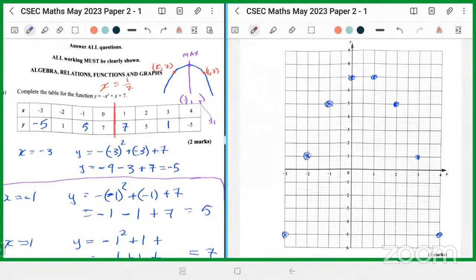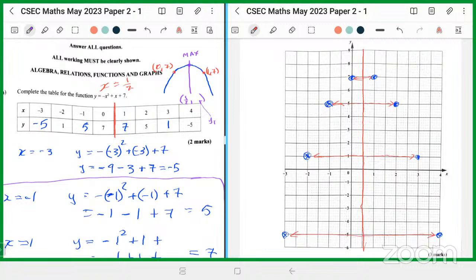There's a line of symmetry right in between the points. The distance from the line of symmetry to this point is the same as to this one, and the same for each matching pair, because those points have the same y value.